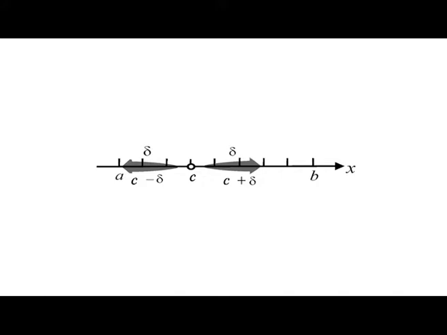The inequality |f(x) minus L| less than epsilon will hold for all x not equal to c in this delta interval. Let us use the algorithm to find a delta greater than 0 where f(x) equals square root of x minus 1, L equals 2, c equals 5 and epsilon equals 1.